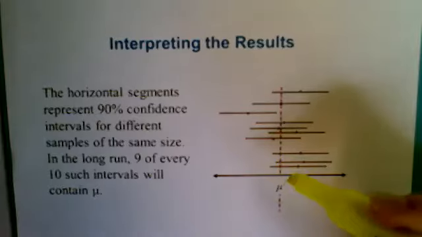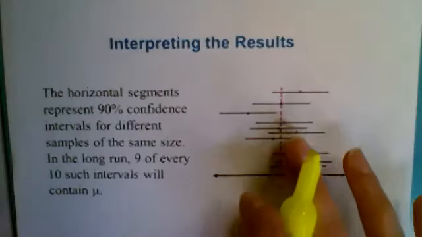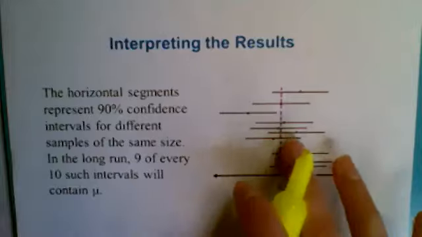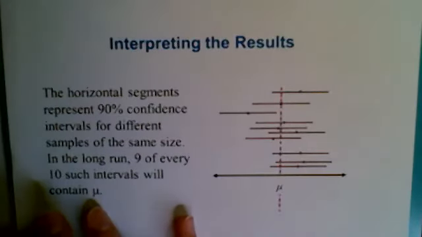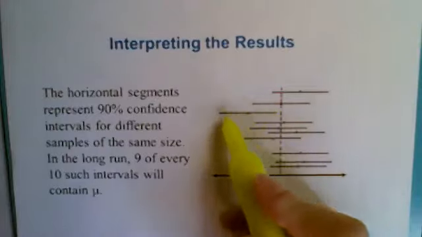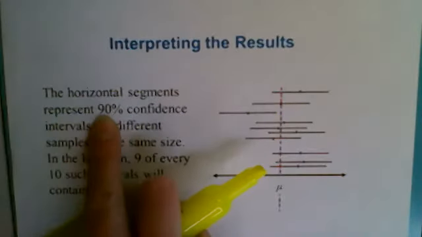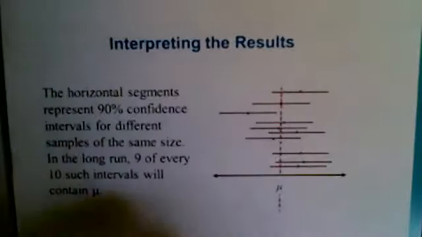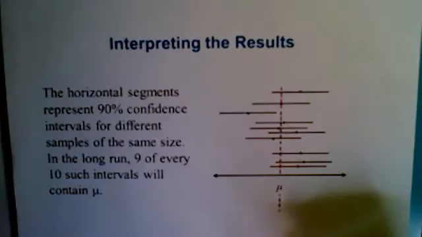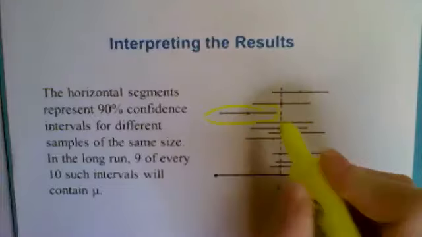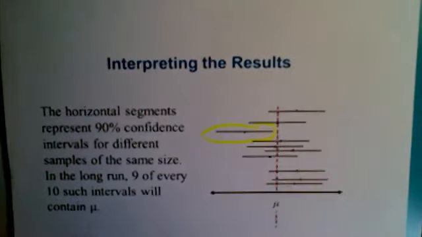The population mean is here, and 9 out of 10 of these confidence intervals actually contain it. Sometimes a confidence interval doesn't contain it, which is why we're only 90% confident. We're never going to be 100% confident. This is a really nice picture to demonstrate, because this one right here does not contain our population mean.